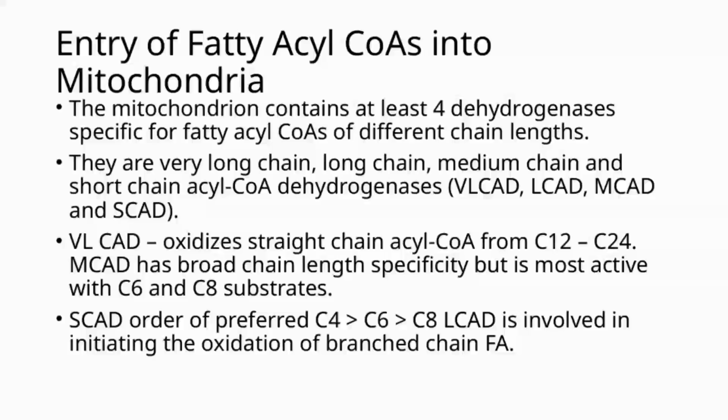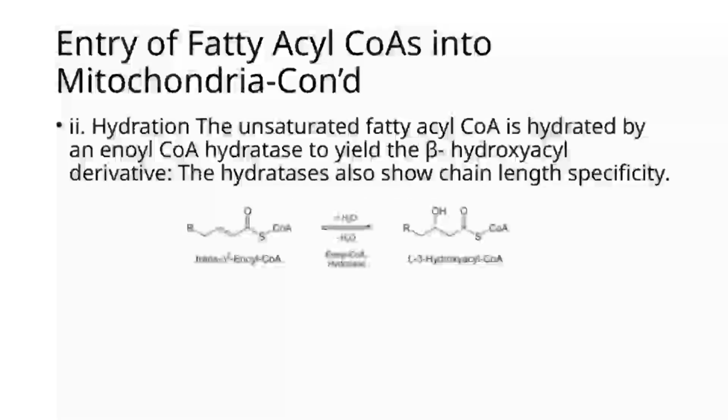Now, let's talk about the hydration step in fatty acid oxidation. When the unsaturated fatty acetyl-CoA is processed, it's hydrated by an enzyme called enoyl-CoA hydratase. This enzyme adds a water molecule, converting the double bond into a beta-hydroxyacyl derivative. It's important to note that these hydratases are quite specific.